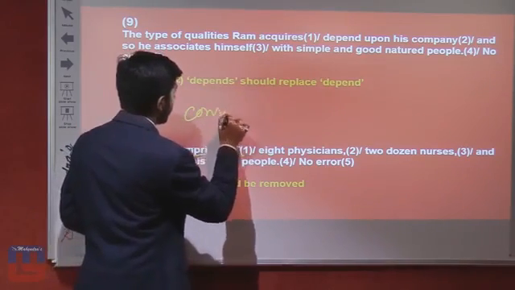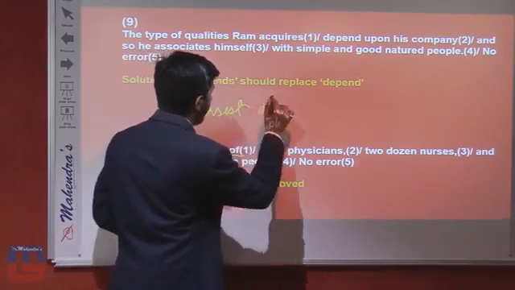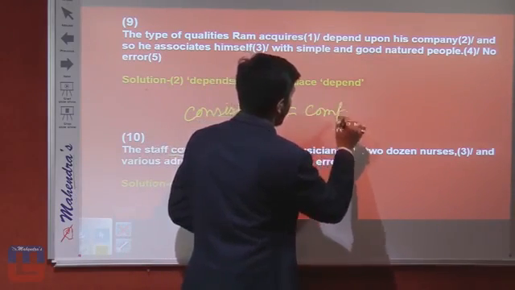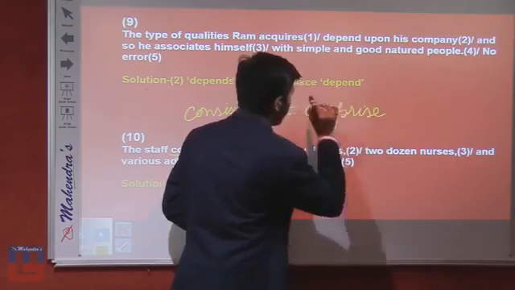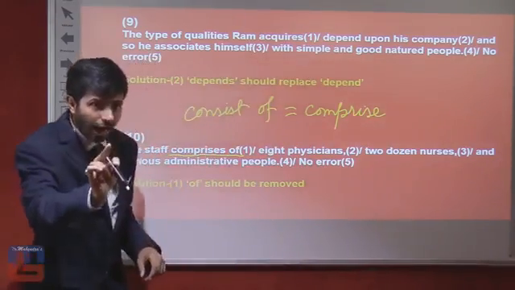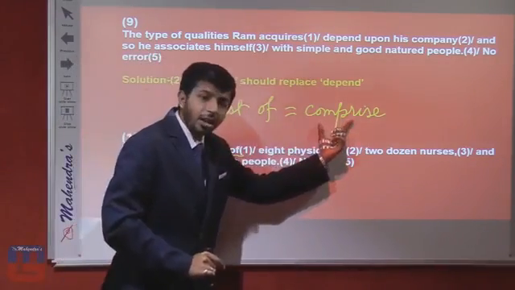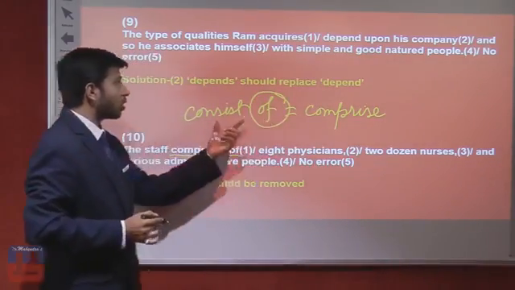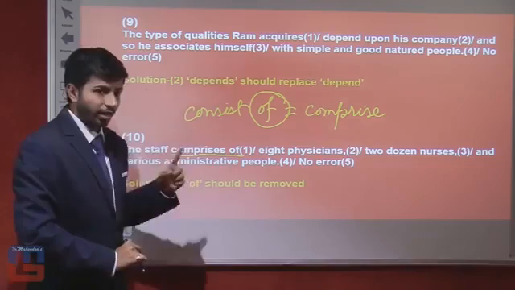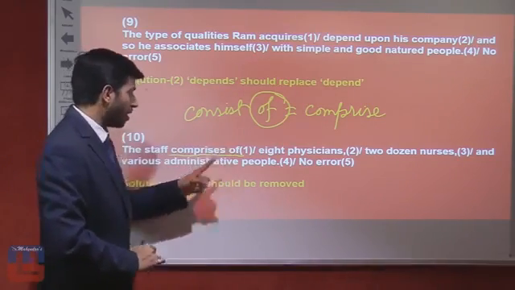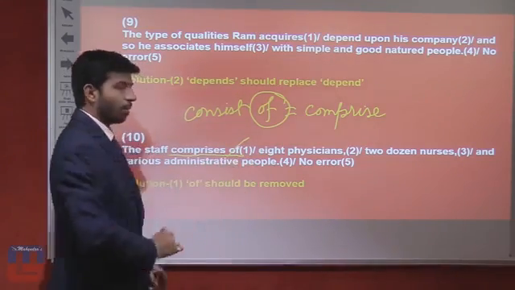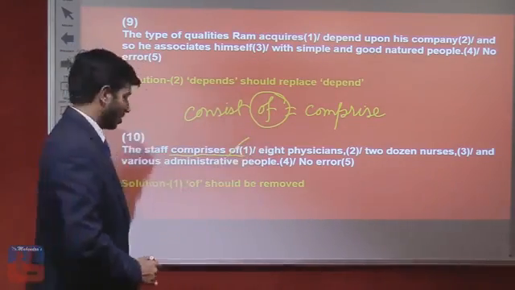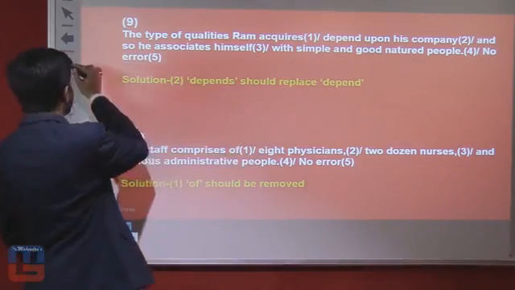Actually the word is consist of, and the meaning of consist of is comprise. Where comprise is given, there is no need to use of, and where of is given, consist should be used. So in this section, the error in part 1: comprises of should not be used. Either we have to use consist of or comprises. So this is the error which we have learned and discussed here.